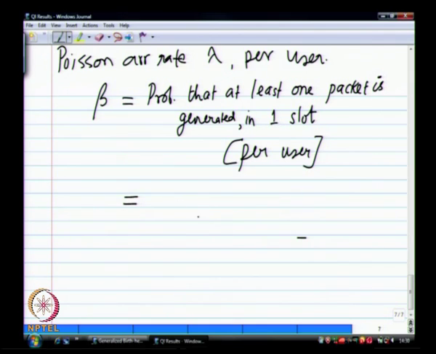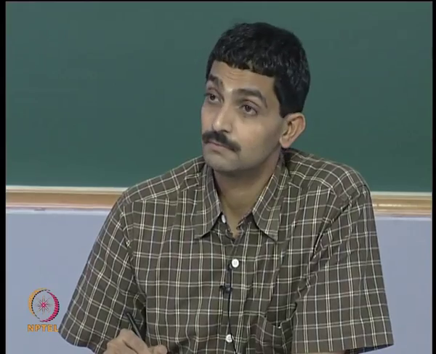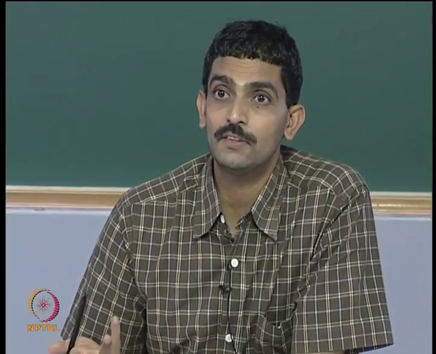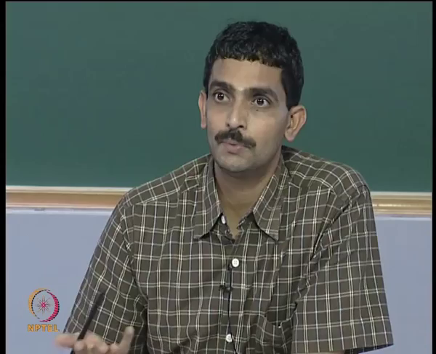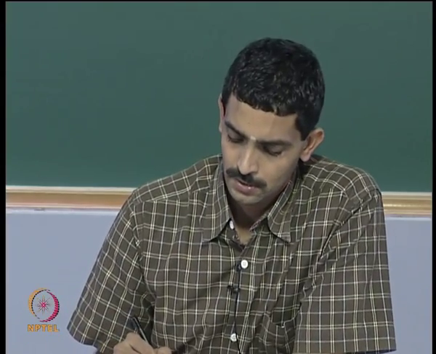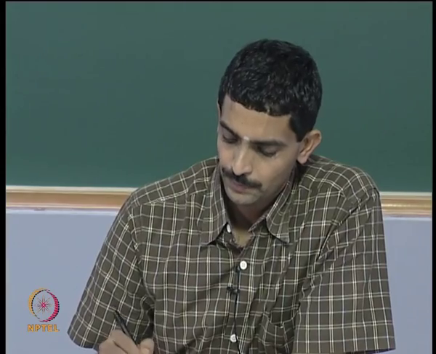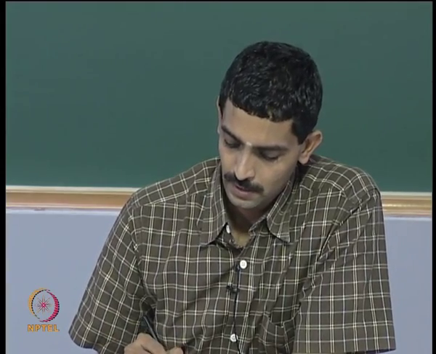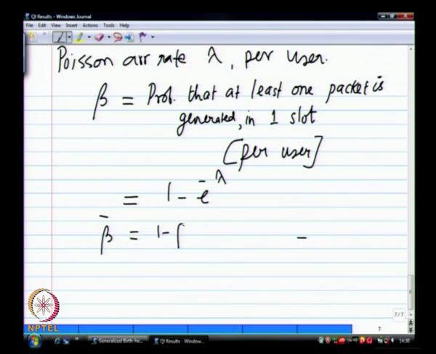The probability of no packet getting generated in Poisson is e to the power minus lambda, because t equals 1 here. So beta is simply 1 minus beta bar. I could have simply called it e to the power minus lambda, but anyway.